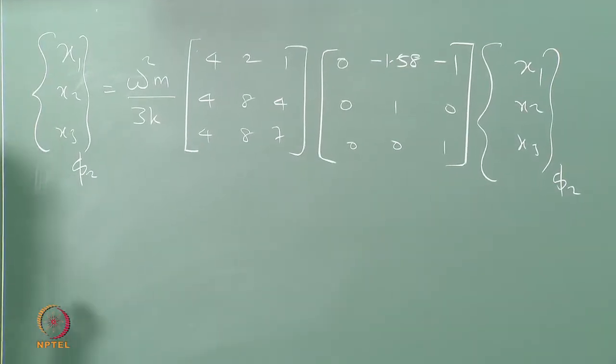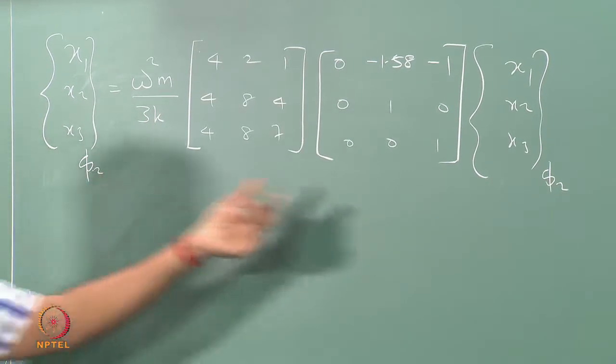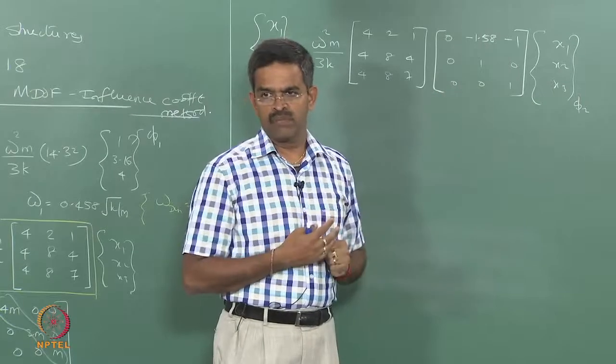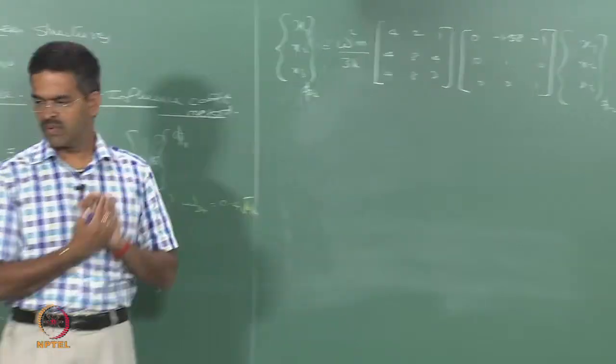Now, I have got an iterative scheme. I have a left hand side vector and a right hand side vector also. I do not know either of them. So, I will assume one and I will get the other one. By convergence, I will try to quantify them. Okay.